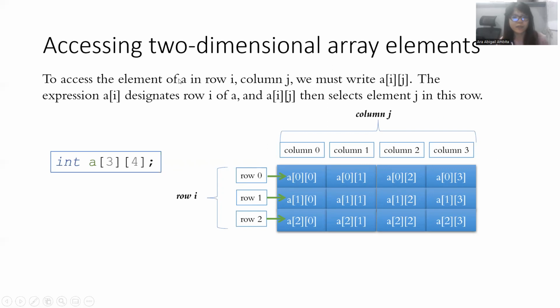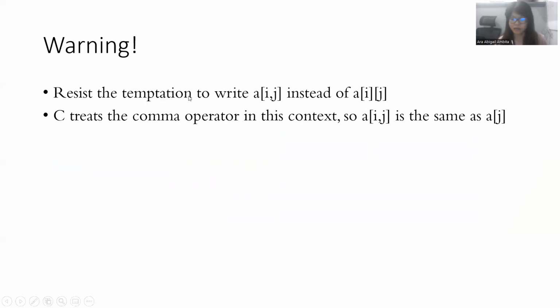To access the element of A in row I and column J, we must write the array name, in this case A, followed by the index of the row and followed by the column, in which each of these indices is bracketed.